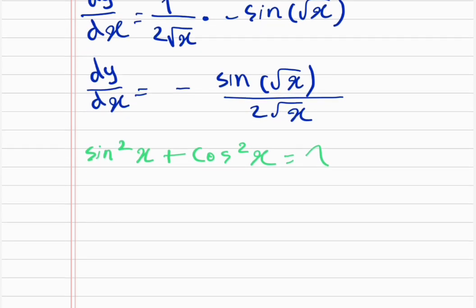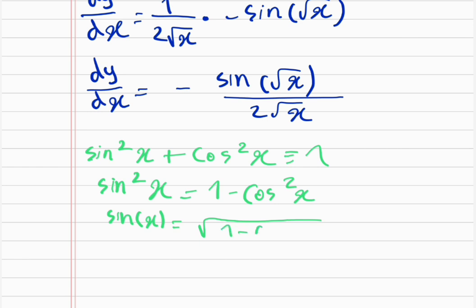So that means we can rearrange the identity. Sine squared x is equal to 1 minus cos squared x, and obviously we take the square root. So sine x is equal to the square root of 1 minus cos squared x.